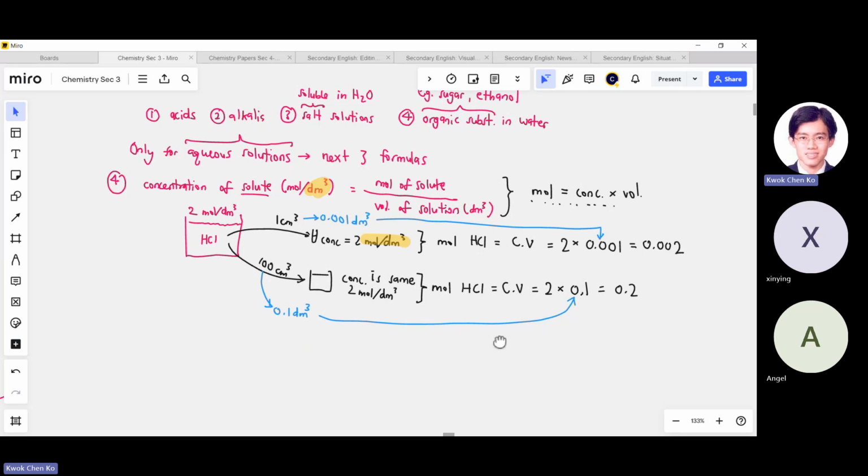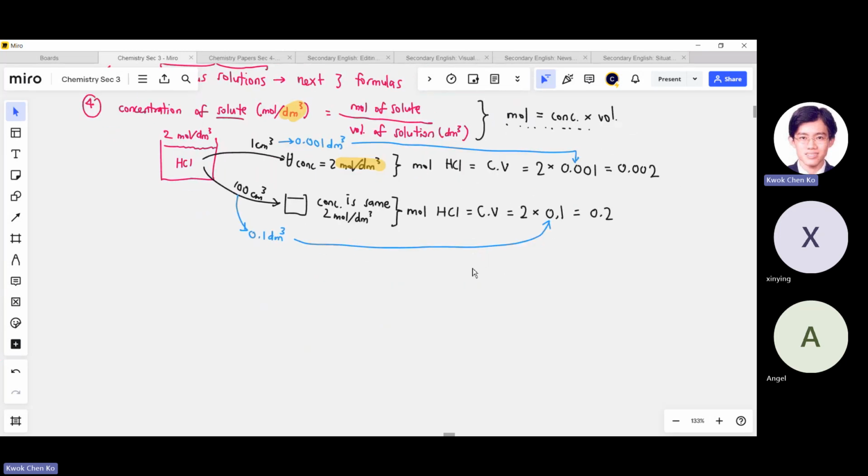Oh, by the way, we haven't touched on any reaction yet. We are just touching on the formulas. Okay, let's look at formula 5. This one may or may not come up. It's still a concentration formula, concentration of solute. But look at the units. Now it's gram per dm cube.